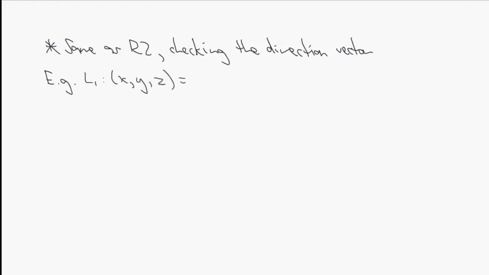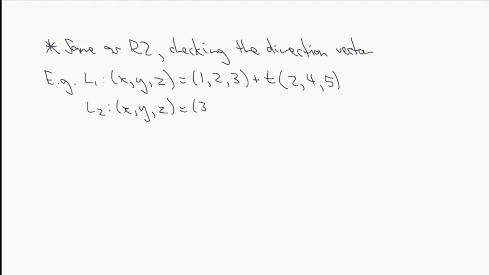So let's just say (1, 2, 3) plus t(2, 4, 5), and L2 is (3, 0, 5) plus s(-2, -4, -5).